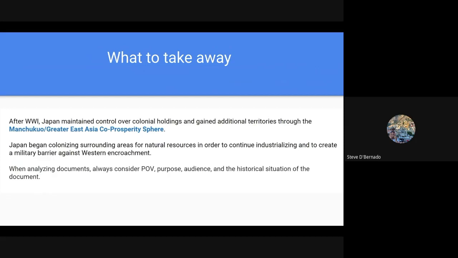They became the strongest Asian industrial power. When analyzing the documents, always consider the point of view, the purpose, the audience, and the historical situation of the document. And we looked at 2 multiple choice sections here. Let's move on to section 3.